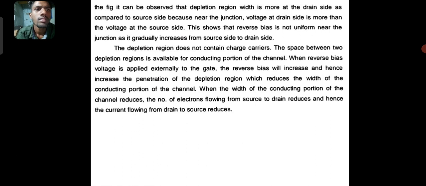The reverse bias will increase and hence increase the penetration of the depletion region, which reduces the width of the conducting portion of the channel. When the width of the conducting portion reduces, the number of electrons from source to drain reduces and the current flowing from drain to source reduces.